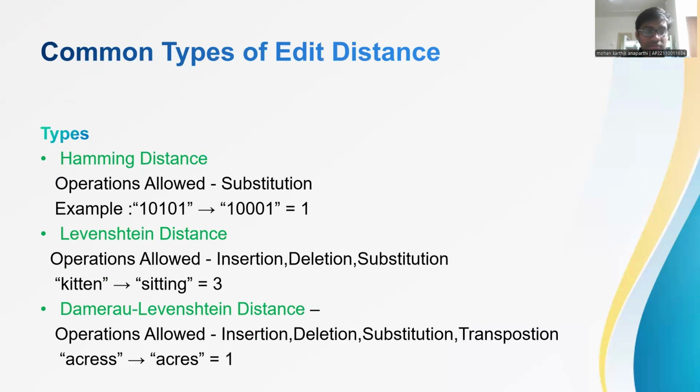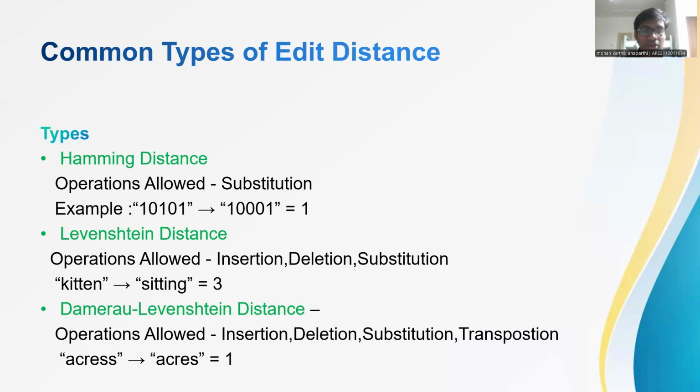There are three types: Hamming distance, Levenshtein distance, and Damerau-Levenshtein distance. In Hamming distance, the operation allowed is substitution. For example, 10101. Here we have replaced 1 with 0 to become 10001. Here we have performed one operation, so the edit distance will be 1.